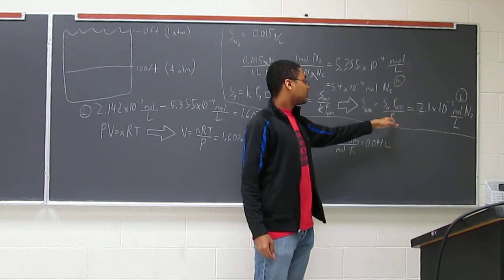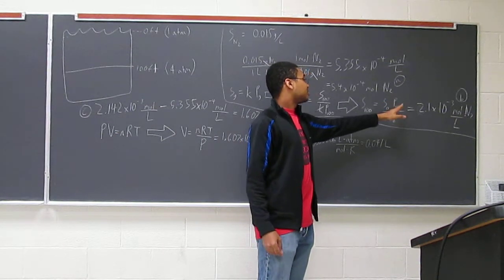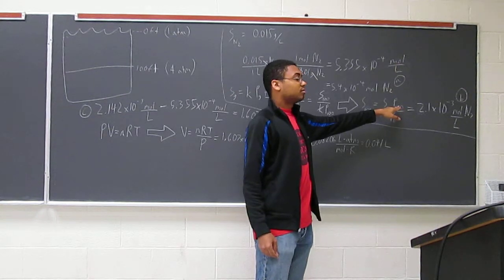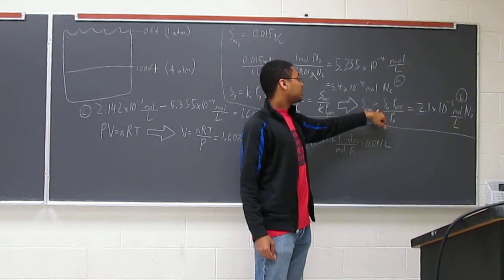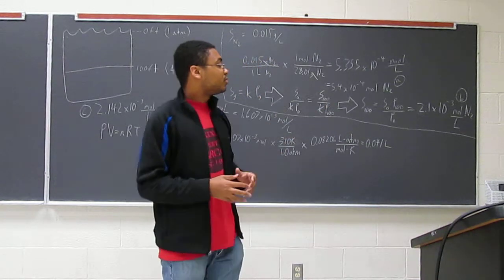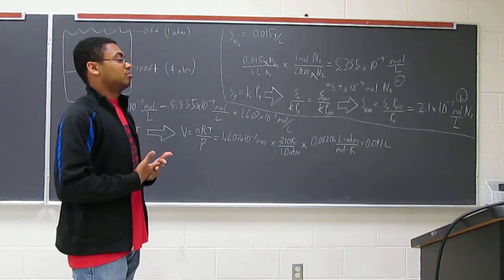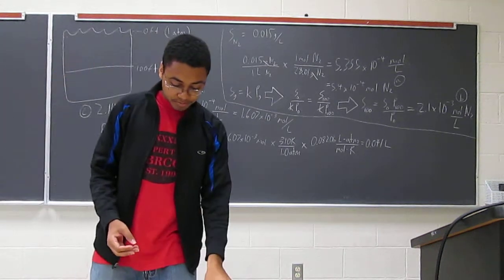And so if you divide those, P100 divided by P0 is 4. So S100 equals 4 times the solubility at 0 feet, which ends up being 2.1 times 10 to the negative third moles per liter of nitrogen gas. All right, so we have that for part B.